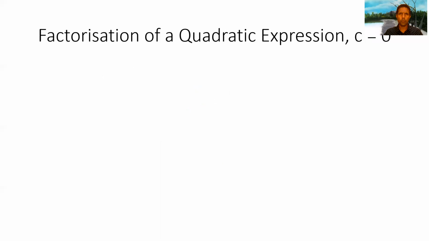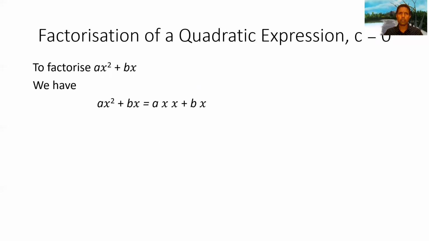Now consider factorization of a quadratic expression where c is equal to 0. That is, to factorize ax squared plus bx. We can write ax squared plus bx as a times x times x plus bx. Note here that x is common.